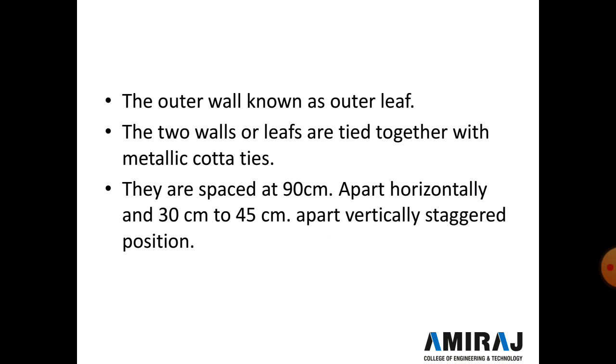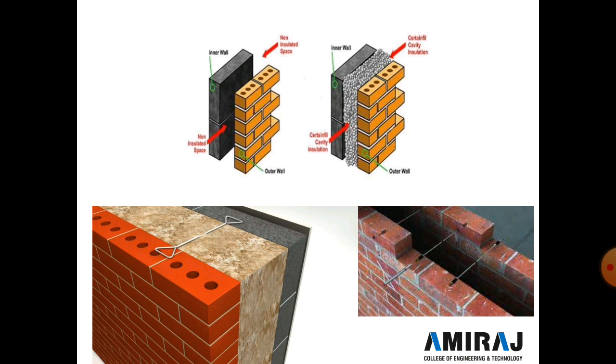In the figure we already saw these ties bind the inner and outer leaf, or inner and outer wall. Why do we bind? We bind for structural stability. They are spaced at 90 centimeter at regular intervals horizontally, and 30 to 45 centimeter apart vertically in staggered positions.